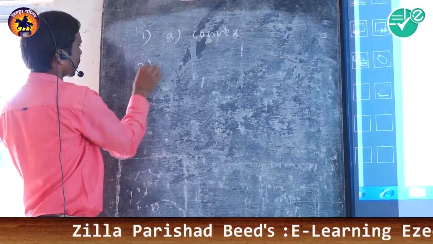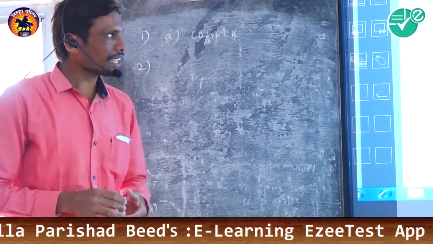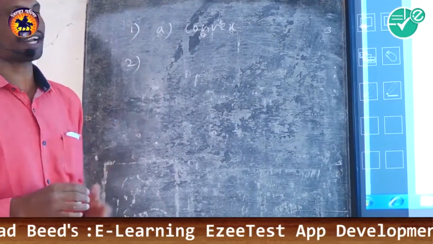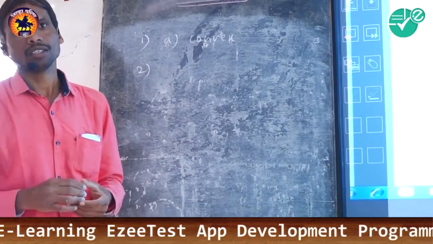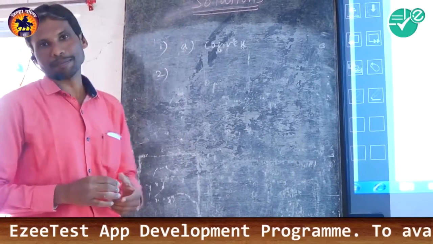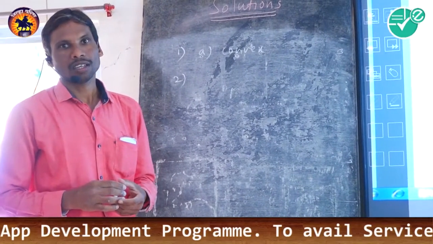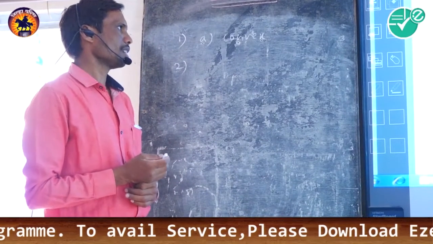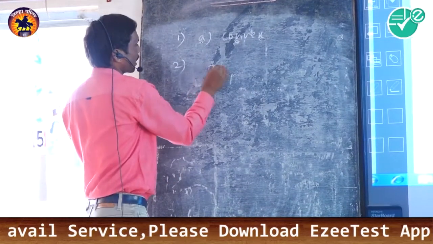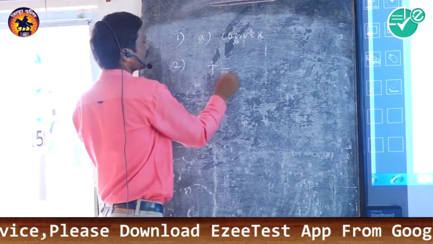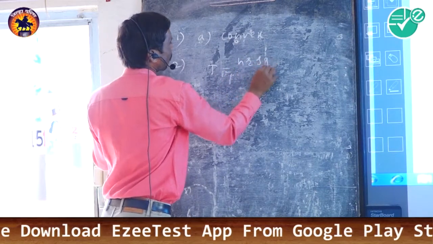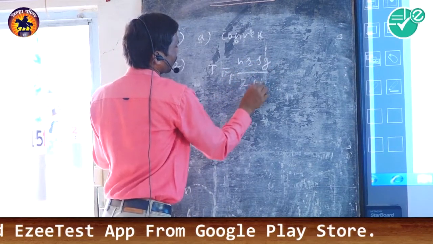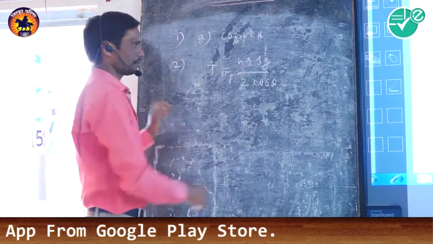Then the second MCQ. When temperature is increased, the angle of contact of the liquid. Due to increasing temperature, the surface tension decreases. And the relation between angle of contact and surface tension: T is equal to h r rho g divided by 2 cos theta.